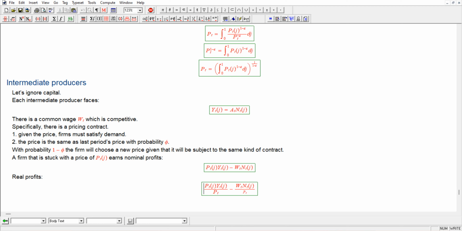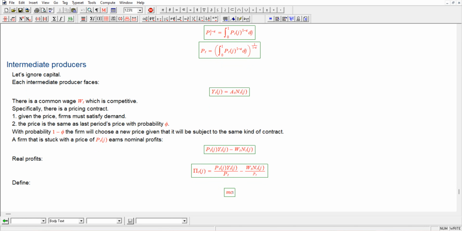And we're going to give this a name. We're going to call it pi of j. Now, let's define the following variable.